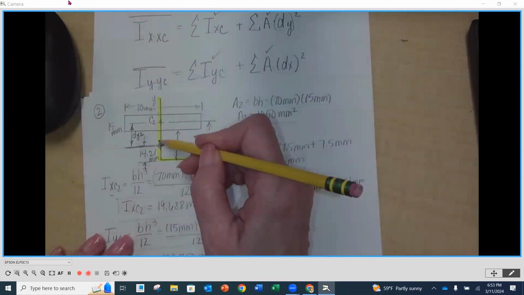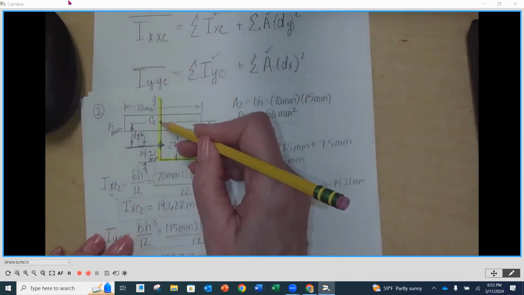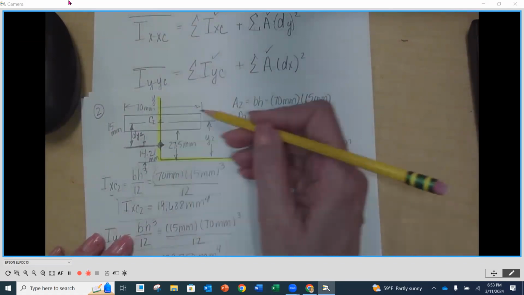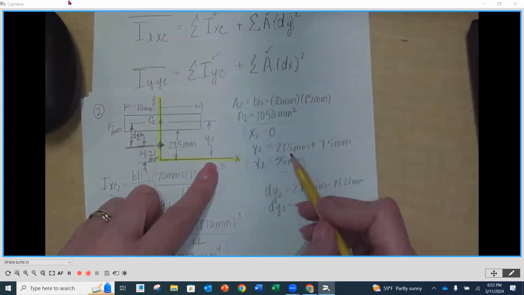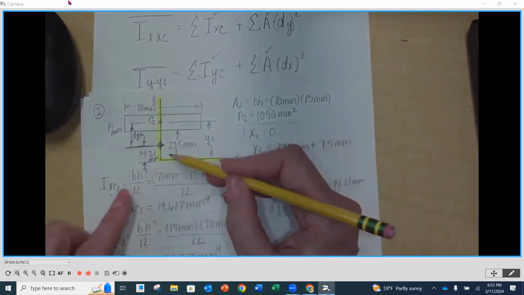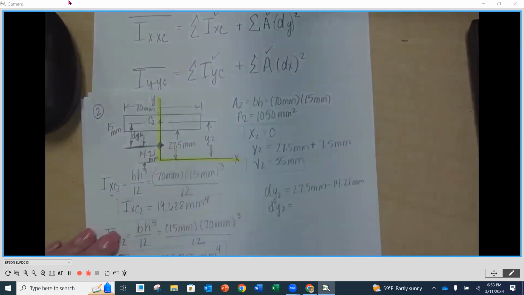So our dy2 has to go up to the centroid of that individual shape. So it's going to be the y2, which was 27.5, and we're going to subtract 14.21.